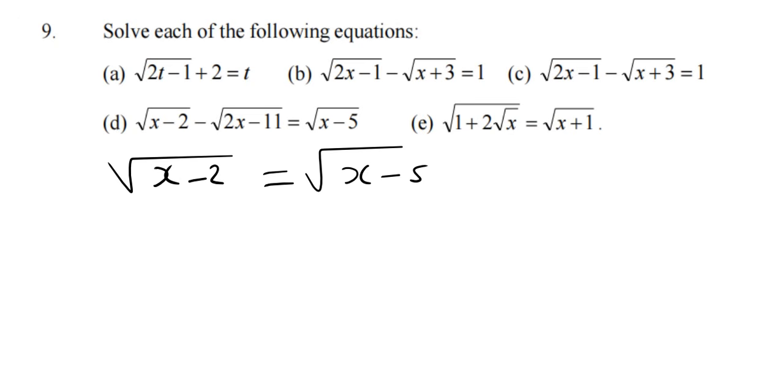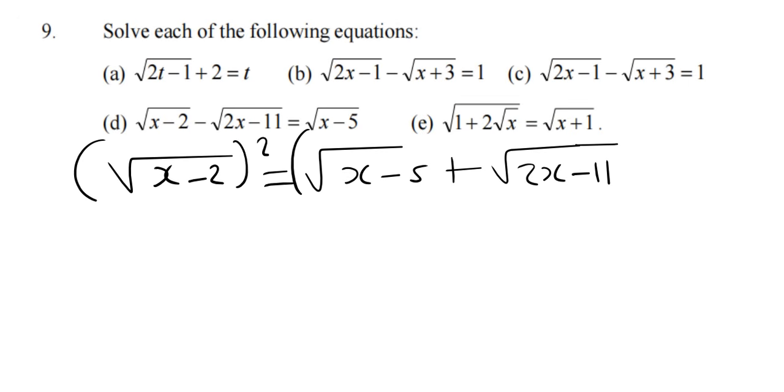Then when I take the other one to the other side, this is negative, it's going to be positive this side, positive the square root of 2x minus 11. Alright, when it's like this, then you solve it like the way we were solving the other ones. So you're going to square this side and also square this part.